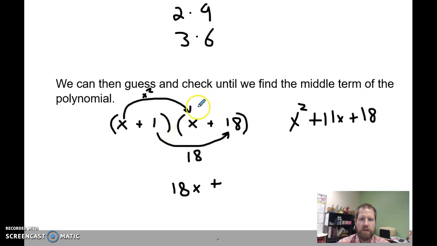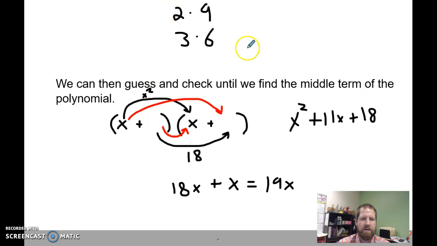Maybe I'll put those in a different color. So 18x plus x is going to equal 19x. Well, 19x is not 11x, so that's not going to work.